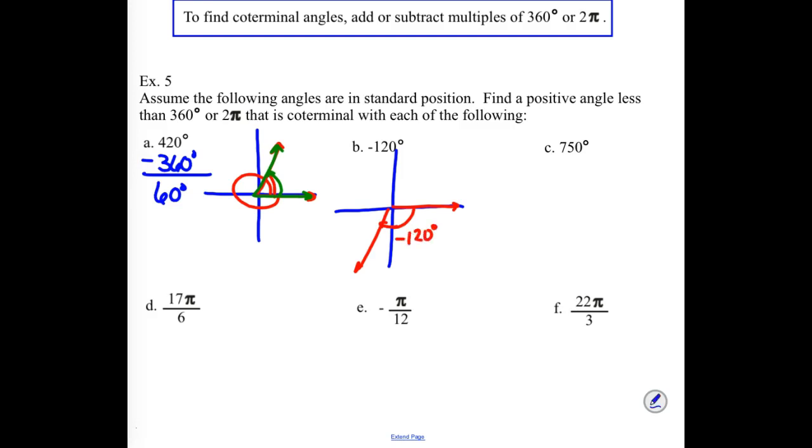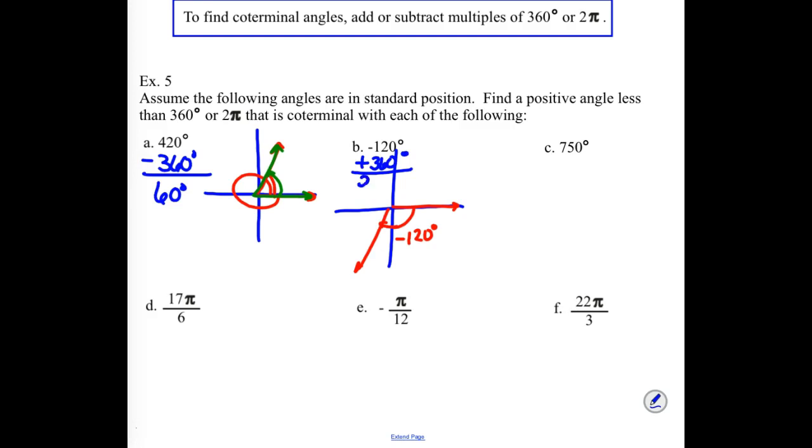What would a coterminal angle be that's positive? Do I want to keep subtracting 360? That's going to make it too big, right? In a negative direction? All right. So can I add 360? What do I get if I add 360 to negative 120?